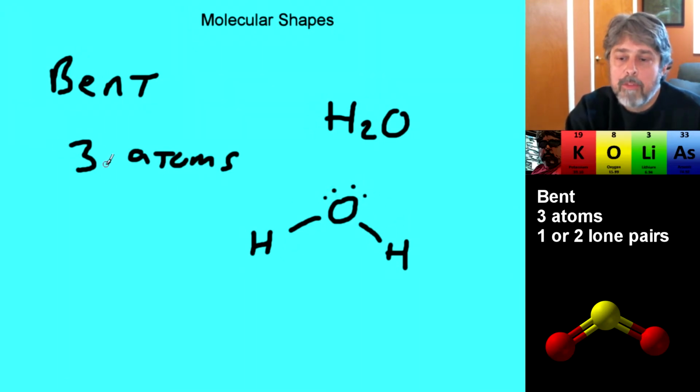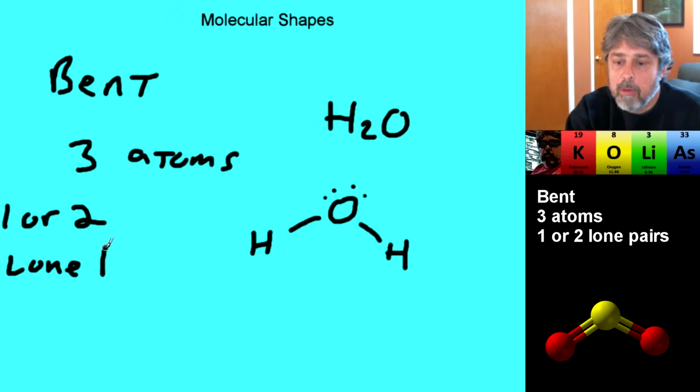Okay, so this time we have 3 atoms, but now we have a couple unshared pairs on the central atom. So this is the rule for bent molecules. If you have 1 or 2 lone pairs, unshared pairs, on the central atom, it has to be on the middle one. The ones on the ends don't really count here.